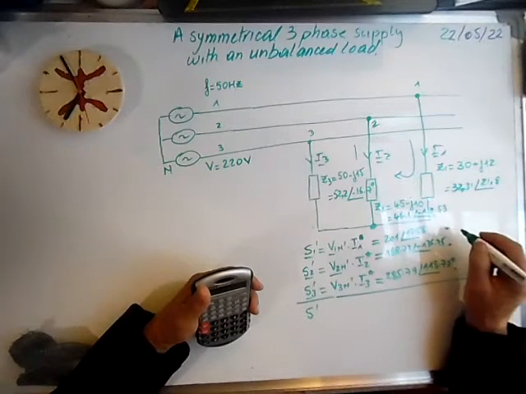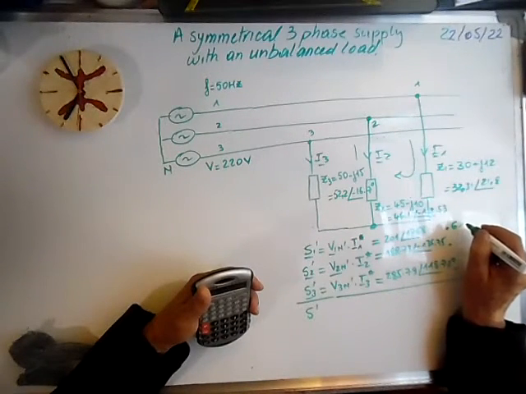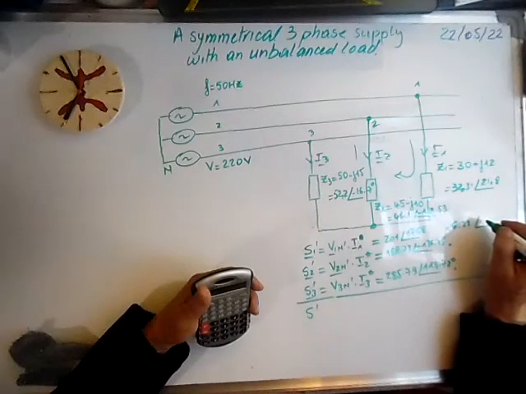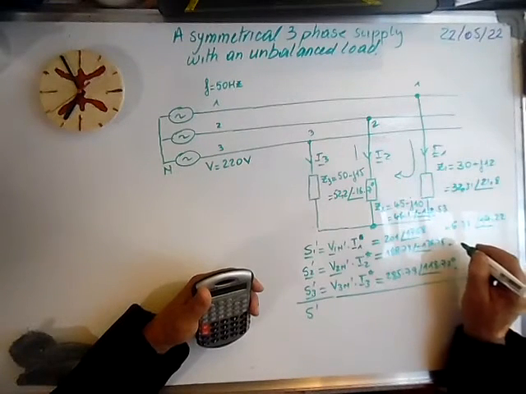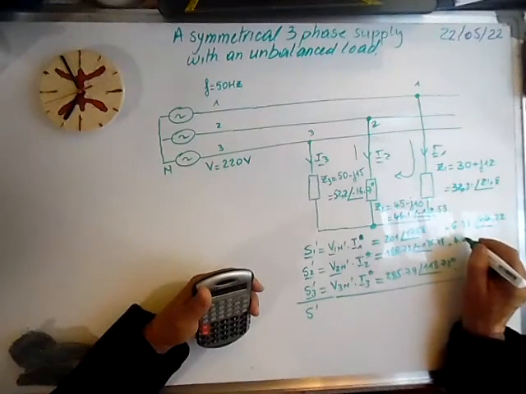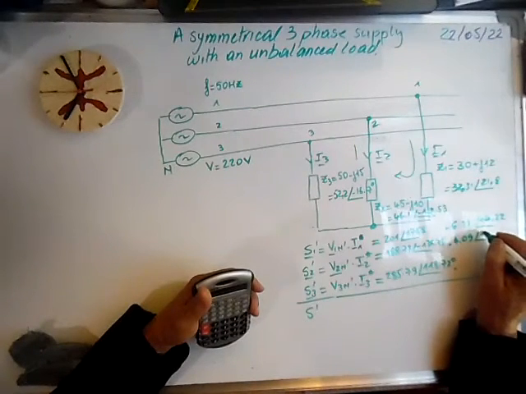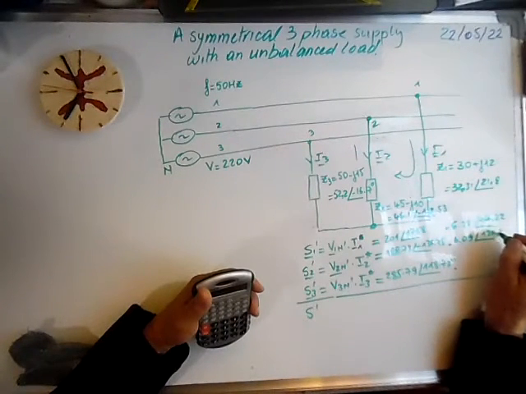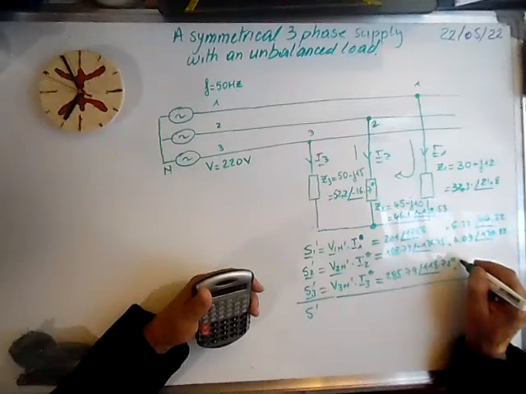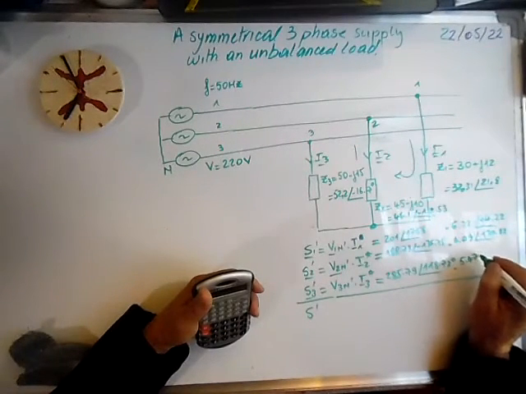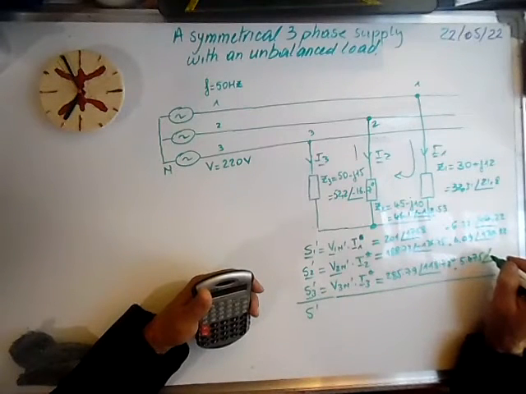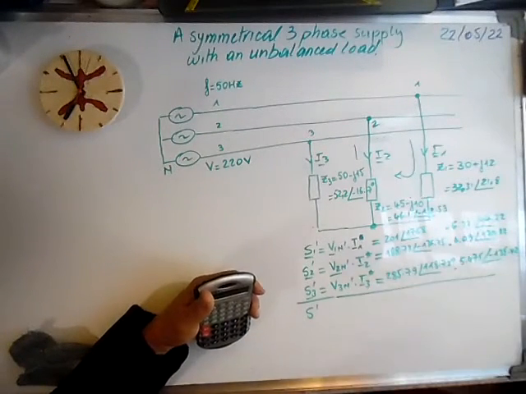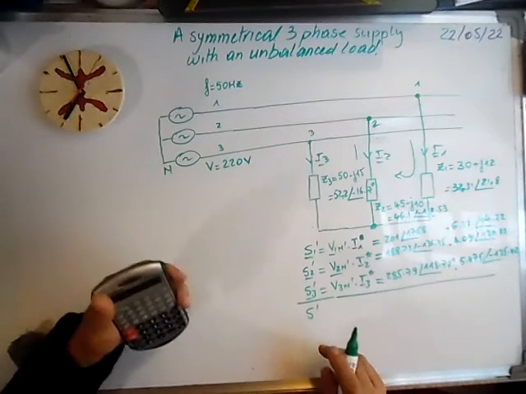The current I1 is 6.22, argument is plus, because it's a conjugate, plus 4.22. Here it's 4.09, argument is 124.22. Here the current is 5.475, and the argument is minus 135.42 degrees.